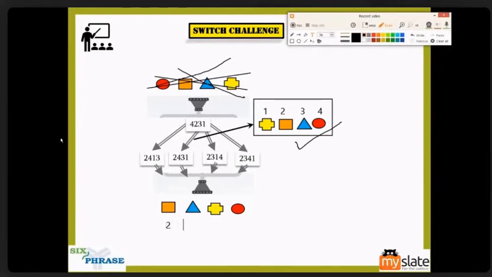The triangle is in third position. The plus sign is in first position, and the circle sign is in fourth position. So 2314 is the correct answer, as you all correctly mentioned. I saw some of you saying 2341, so just check your answers. 2314 is the correct answer. So I think we'll move on.